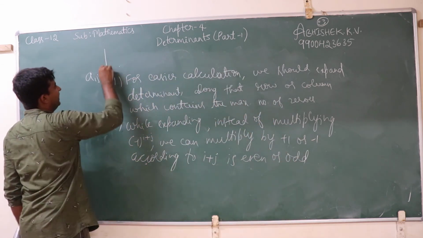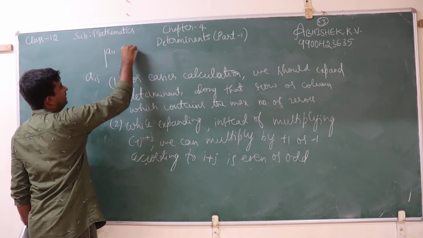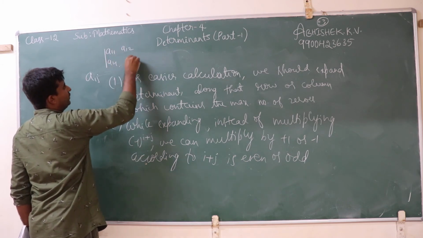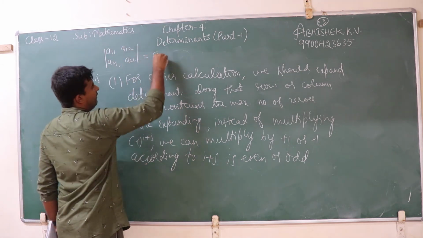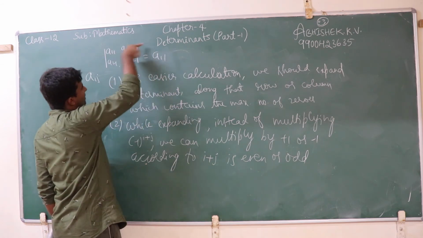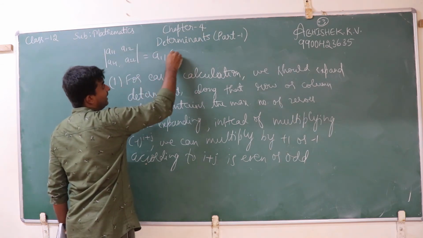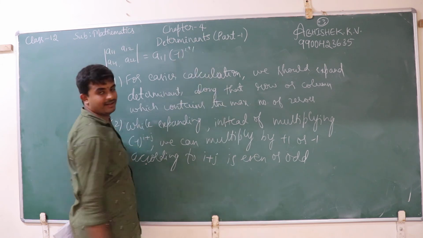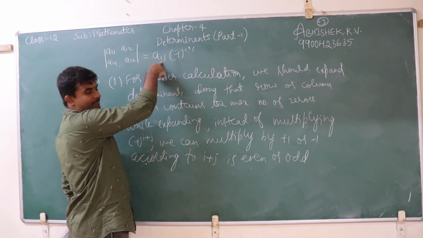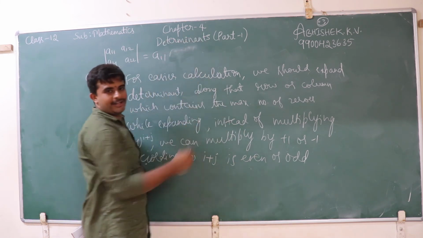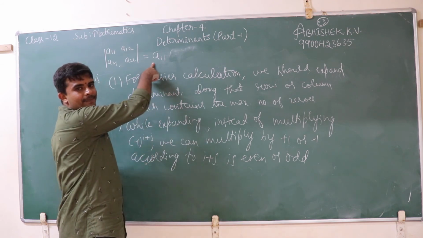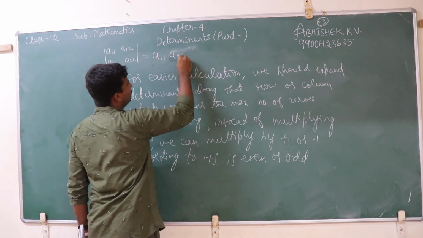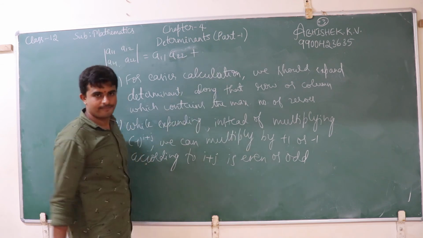See, if I consider A11, A12, A21, A22. A11, the first row and first column get cancelled. We have minus 1 to the power of 1 plus 1, which is even, so it is plus. We are remaining with A22.